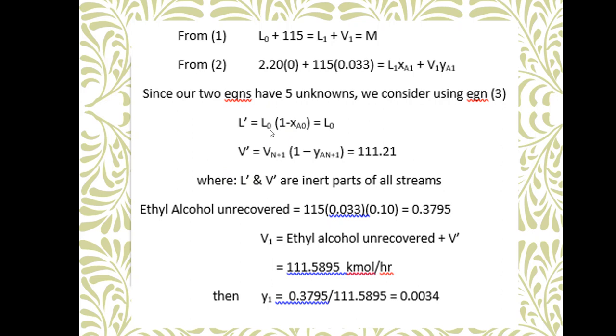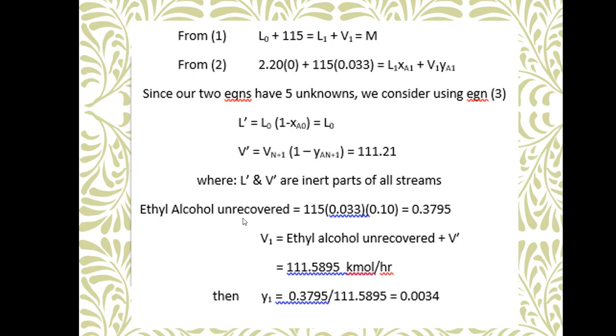In the case of water, since it's all water solvent, no solute present, your L prime is L0. Your V prime will be your given 115, but it should be multiplied by 1 minus YA N plus 1, and that should be only 111.21.